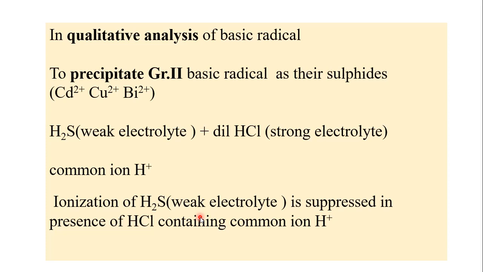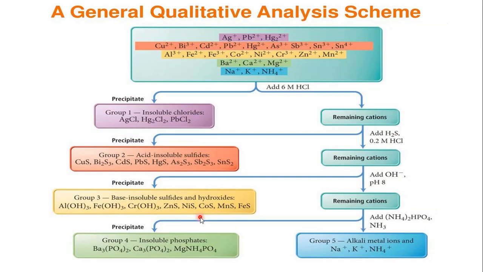You know that when the ionic product is greater than the solubility product, then that substance gets precipitated. So on that basis the precipitation takes place. So in selective precipitation in qualitative analysis, this common ion effect is used, and thus you get a precipitate of group second as well as group third when you add ammonium hydroxide and ammonium chloride into the original solution, or when you pass H2S gas into this solution, then the group third B radicals get precipitated.